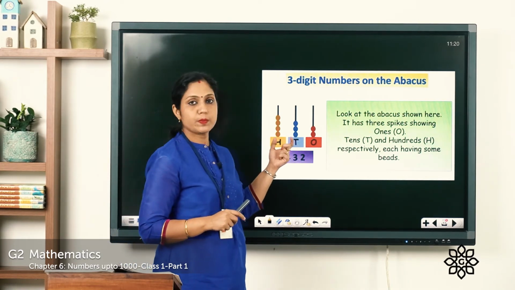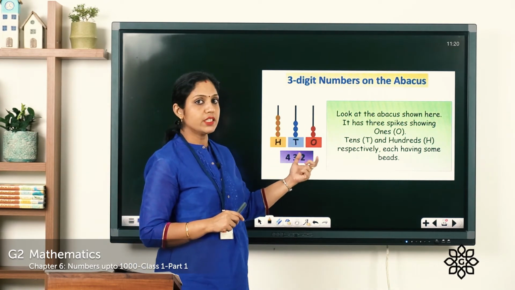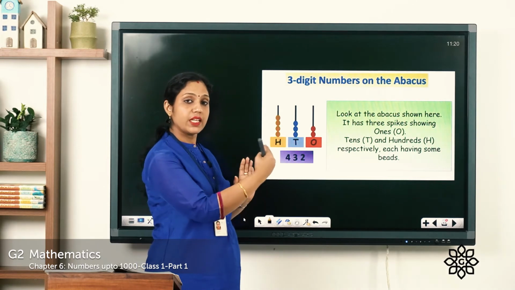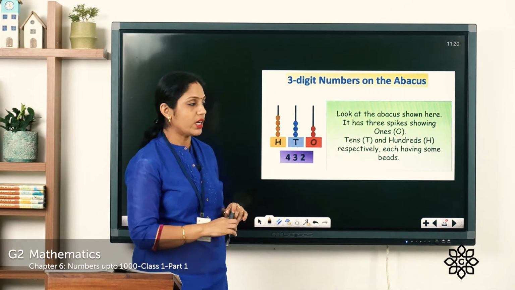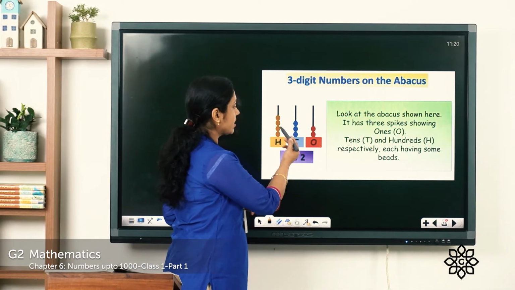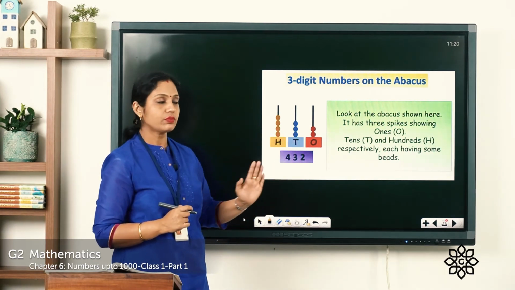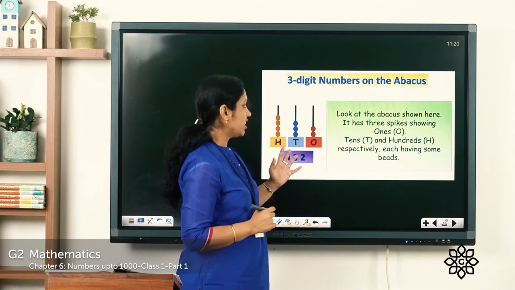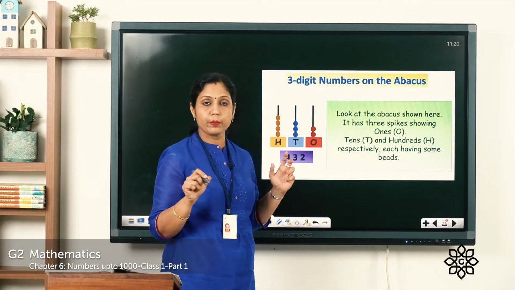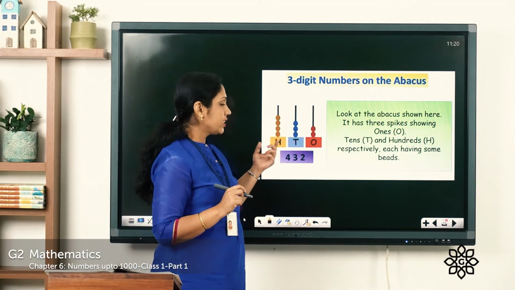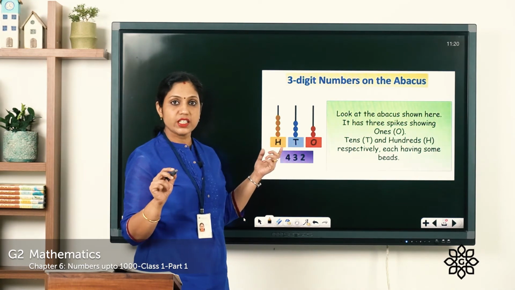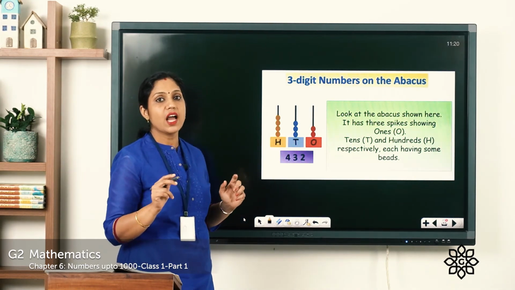And each spike has some beads. So we always start from the right side, that is from the ones. So ones, tens, hundreds, and we start reading it from the left side. O represents ones, T represents tens and H represents hundreds.